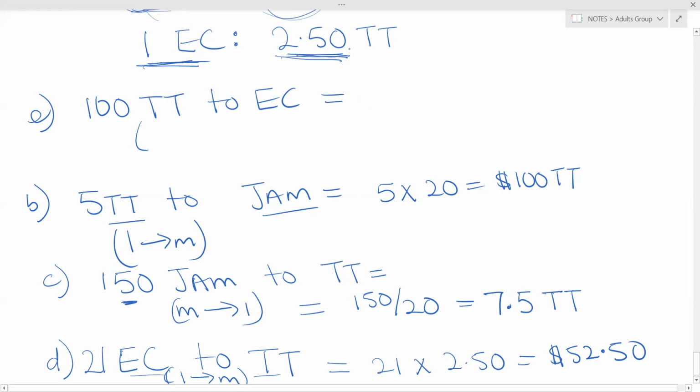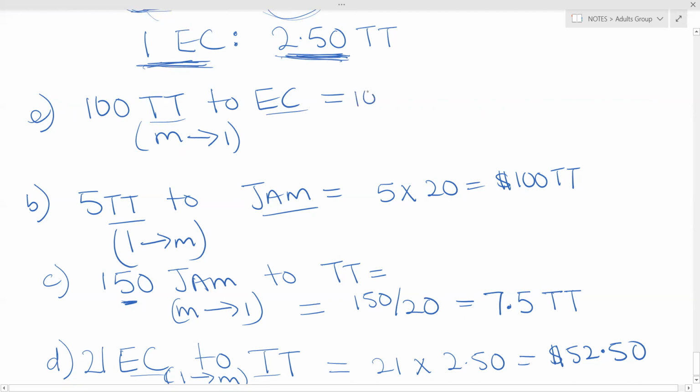Many to one. Nice. Because it's many TT to one EC and we're converting TT to EC. So many TT to one EC, very good.